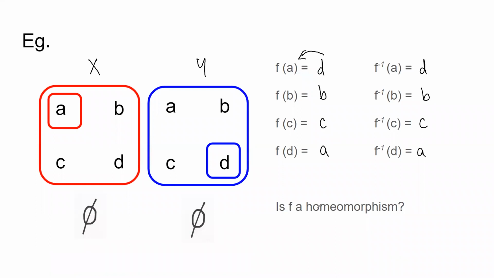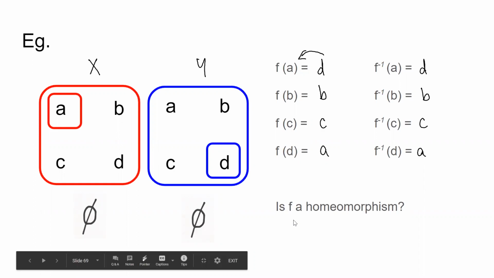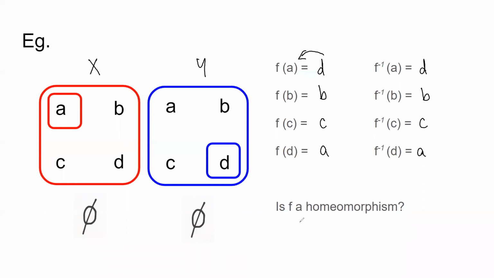So I need to make sure that those three things that define a homeomorphism hold. So the first thing is, is f a bijection? So is it a bijection?